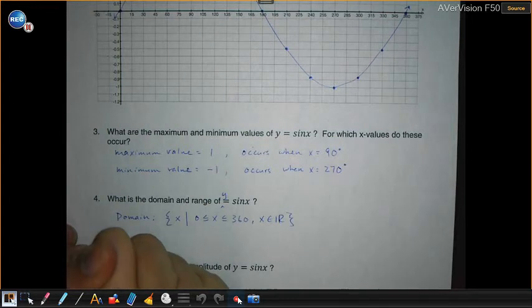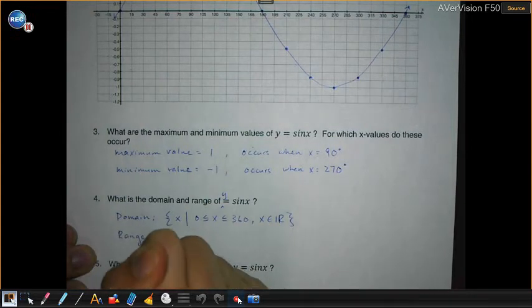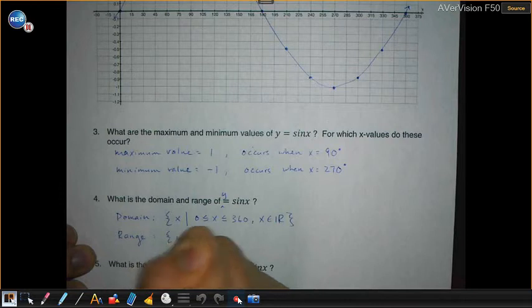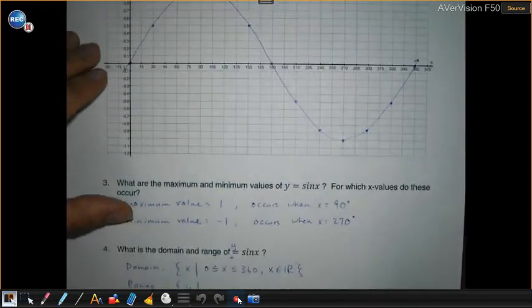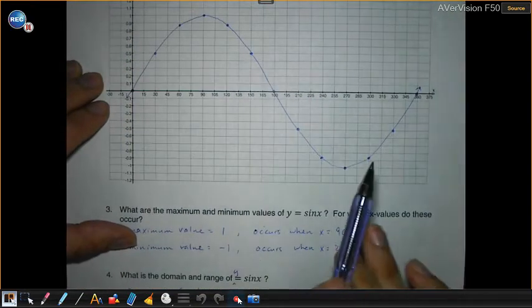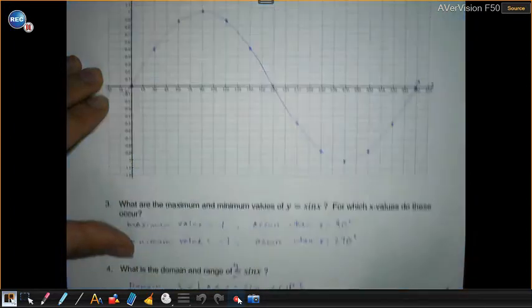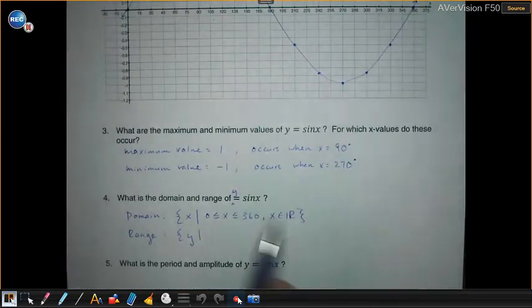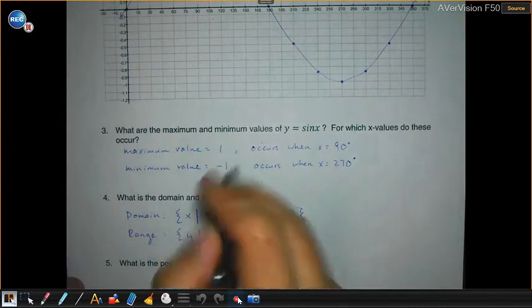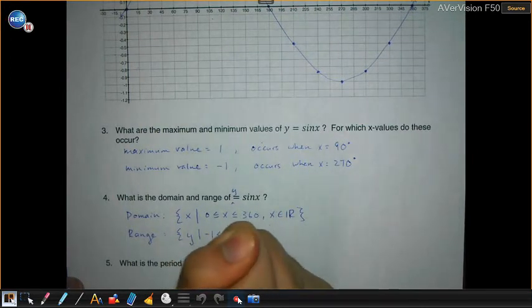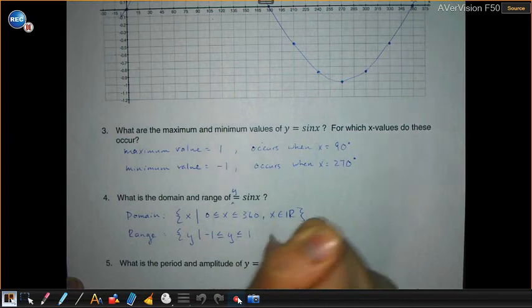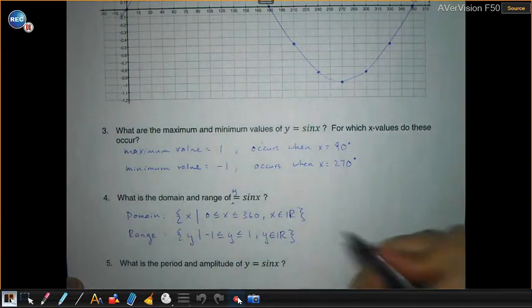For the range, we look at the y values, and we do see there's a restriction. Lowest it will go is -1, highest it will go is 1. So we'll say that the range is all the y values between -1 and 1, including all the real numbers in between.